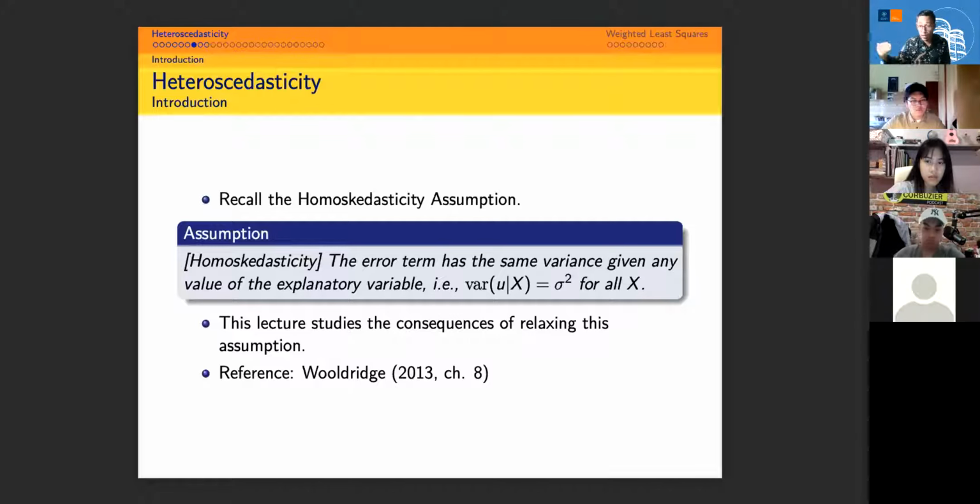It's constant for all x. If we have a multiple linear regression, I guess this is going to be for all dimensions of x. But if we just have y and x, then for all x along the horizontal line, we're going to observe a constant variance of the unobservable variable.